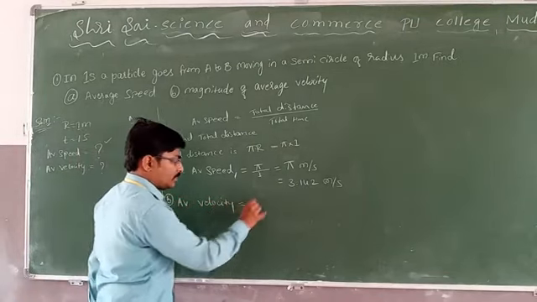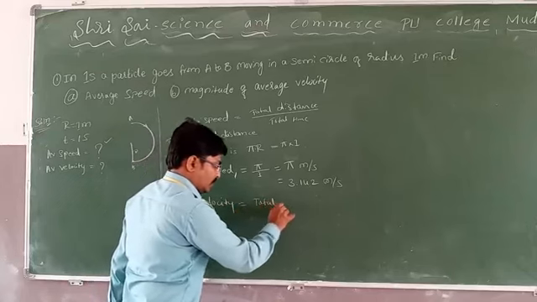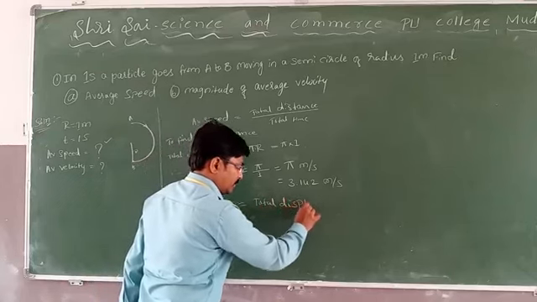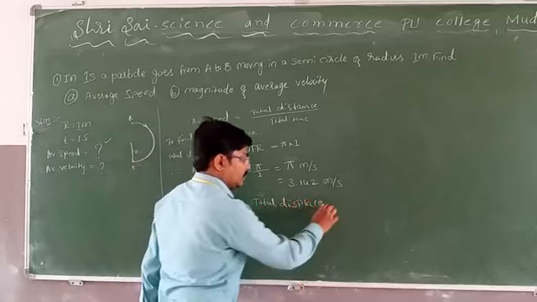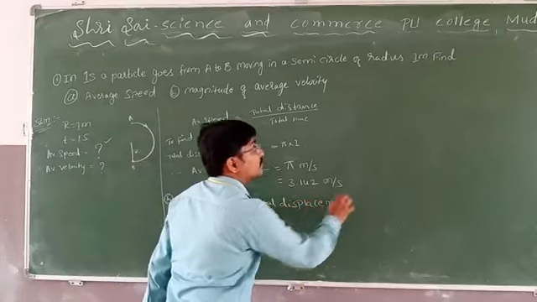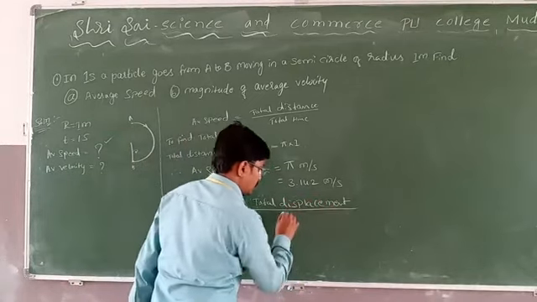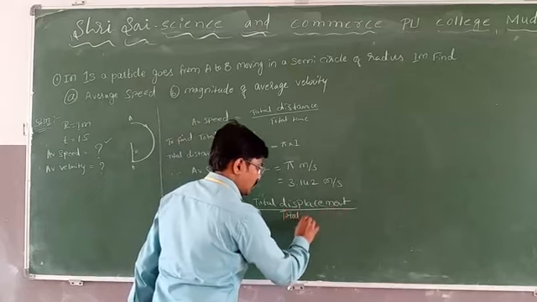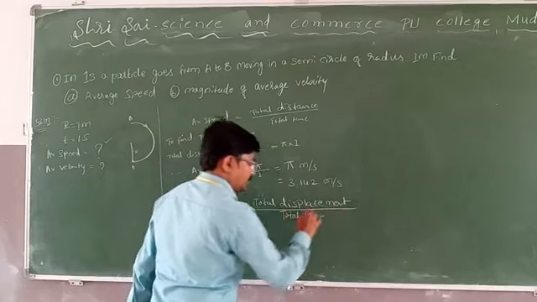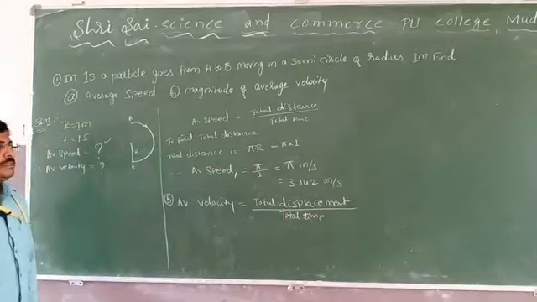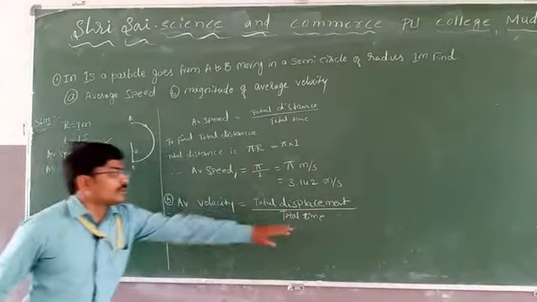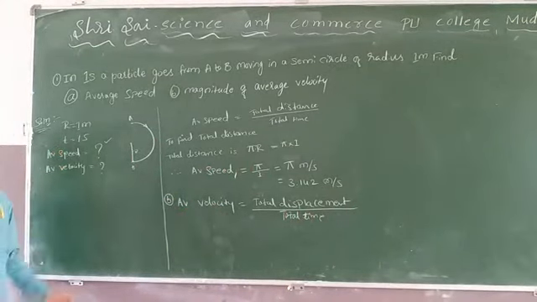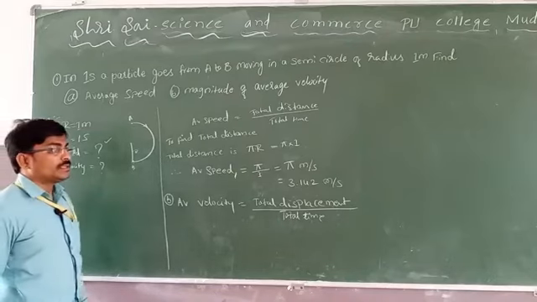Average velocity is equal to total displacement divided by total time. Total time is already given, 1 second. What is the total displacement?